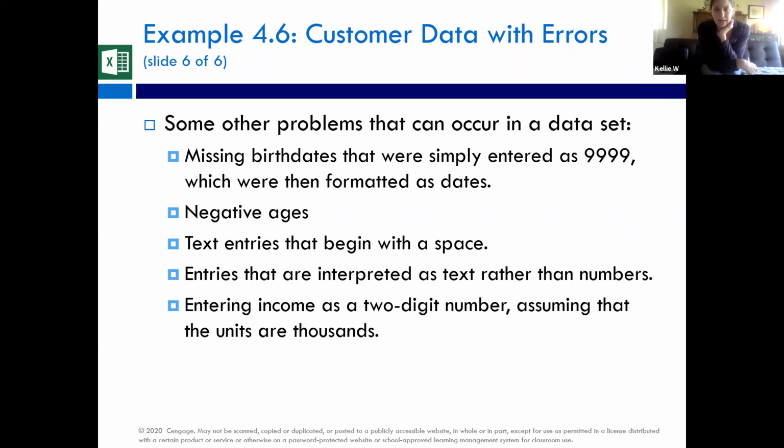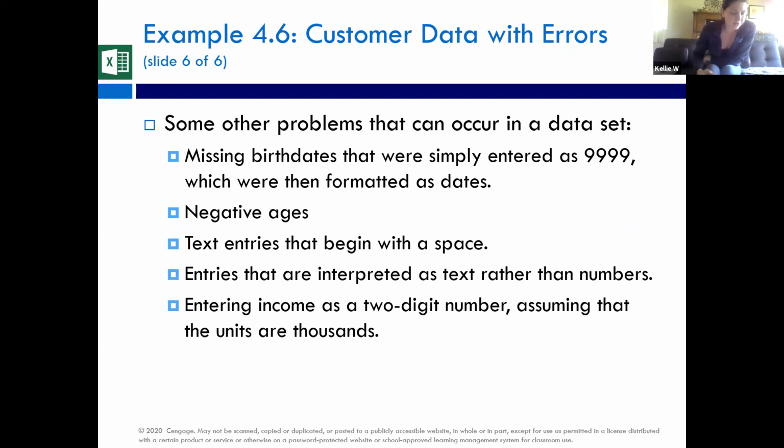If you have entries that are interpreted as text rather than numbers, this could be a problem. In this data set, they tried to code credit card users as 0s and 1s, meaning yes or no, but if you try to take an average, you get an error. The reason is that these numbers were entered as text.